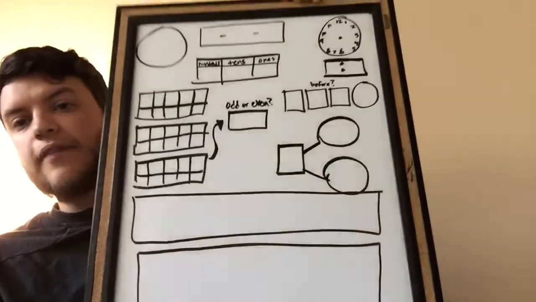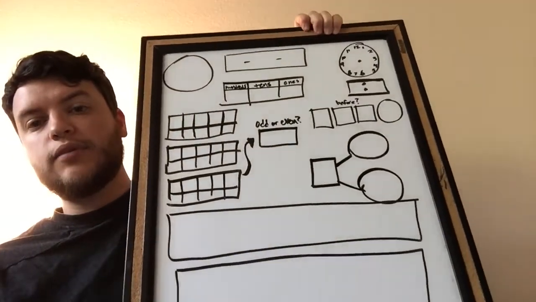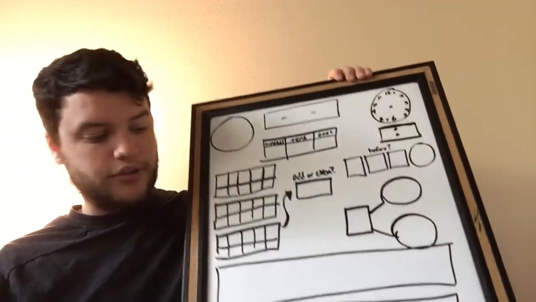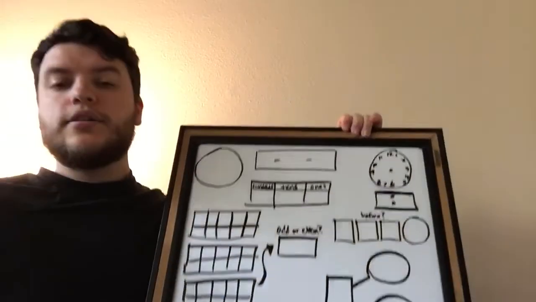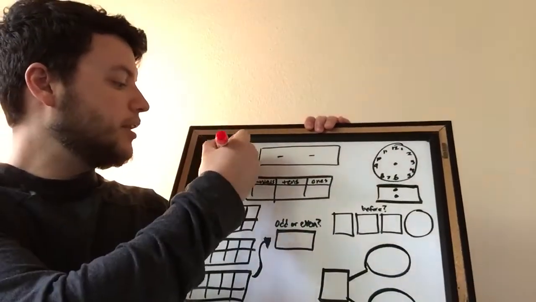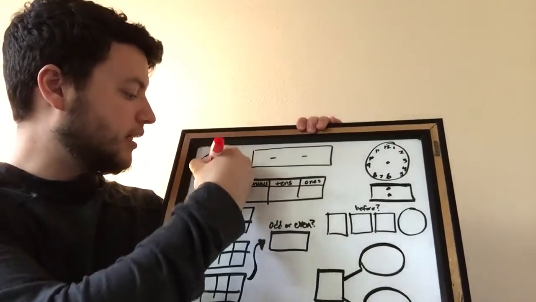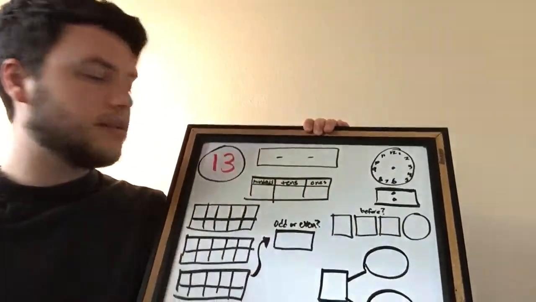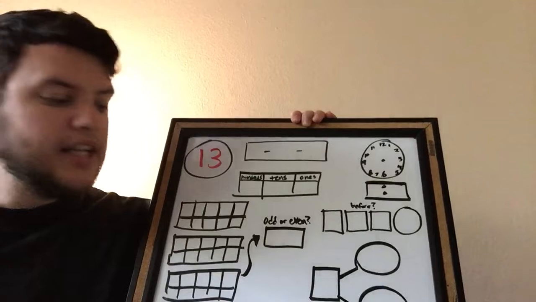So for our number of the day, I'm going to be using my whiteboard, and I've pretty much recreated it without all the directions because I'll just go through it with you. For our number of the day today, I'm going to use the number 13.